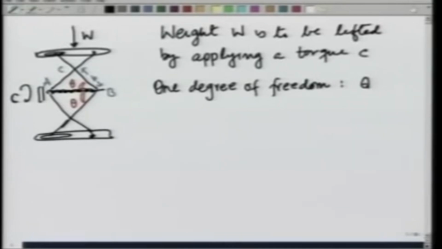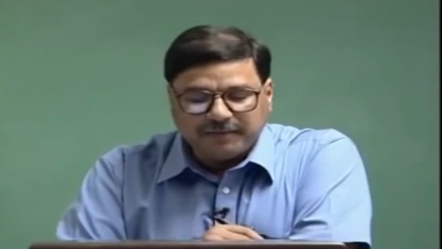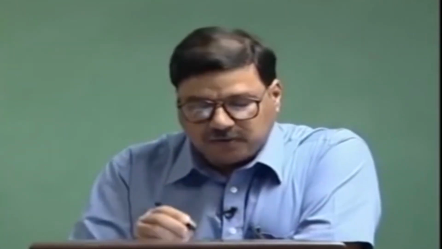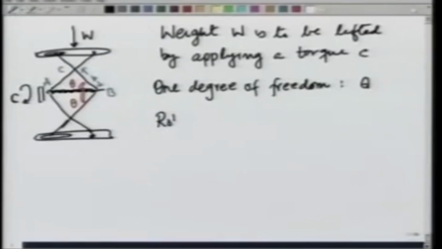Question is, how do we calculate the torque required so that this load W is balanced or can be lifted? To calculate this, let us see what happens when we rotate the screw.